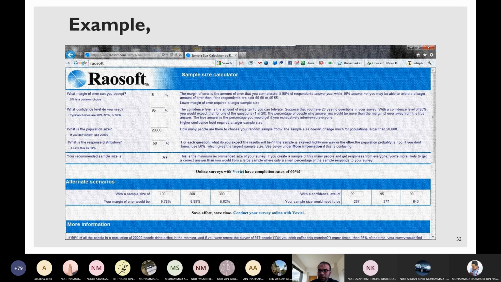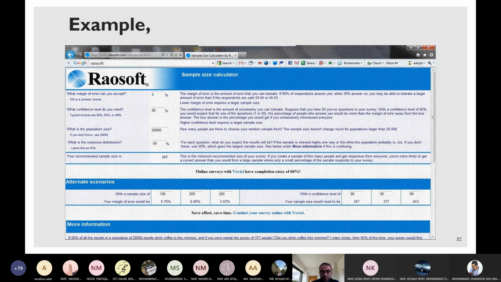But usually it does not differ that much after 20,000. For example, 20,000, 30,000 or 40,000 as a population size will not affect much the number of the sample size. And we come to the point that we have discussed so many times regarding the estimate.